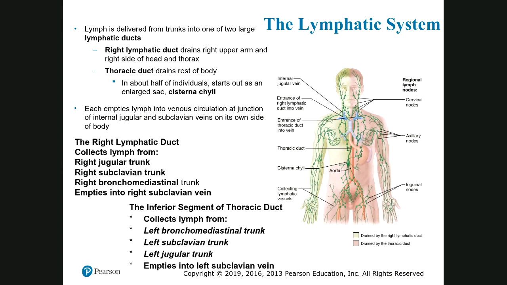Then we have the next duct, the thoracic duct. The thoracic duct is going to drain all the rest of the body. I mean, from the left side of the head, the neck, the left upper arm, anything that you see coded light red.